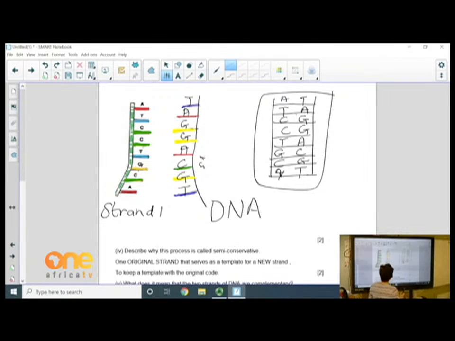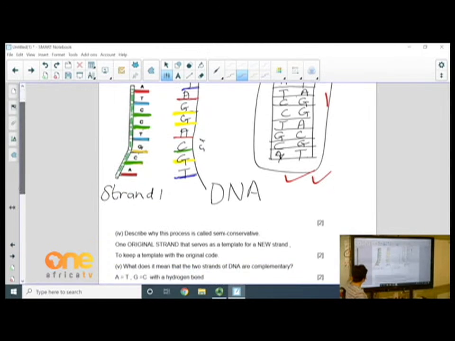So for your 2 marks, I would have checked, do we have them all linked? Do I have this ladder diagram and are all the bases correctly linked?